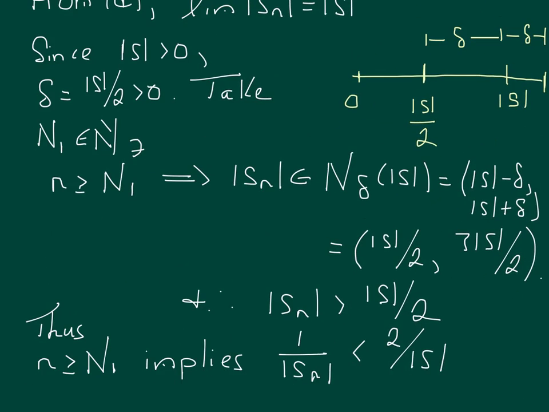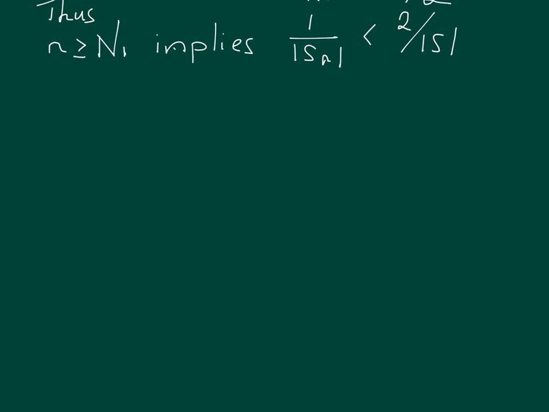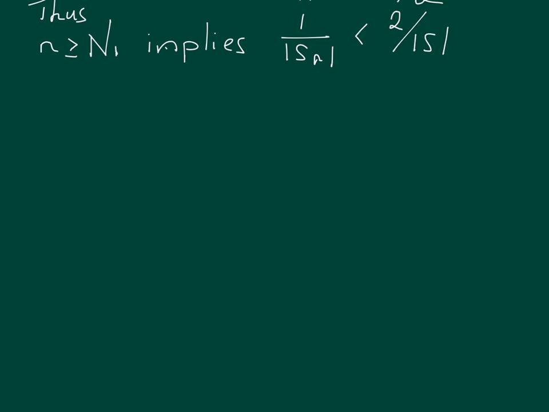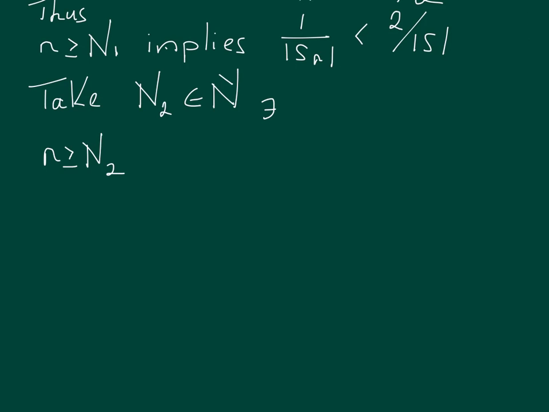All right, so we have this statement right here. So now let's take n sub 2 to be a positive integer, such that whenever little n is greater than or equal to n sub 2, the distance from S sub n to S is less than, well, might not be quite epsilon, it might be some fraction like 1/2 epsilon.